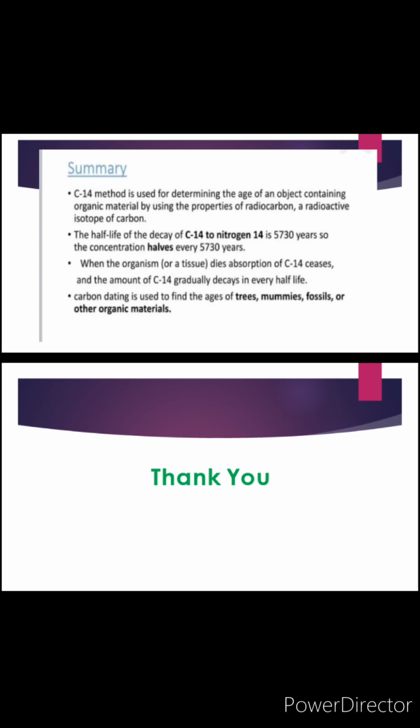Now, at a glance, we explain the methods of carbon dating. The carbon 14 method is used for determining the age of an object containing organic material by using the properties of radiocarbon, a radioactive isotope of carbon. The half-life of the decay of C14 to nitrogen 14 is 5730 years, so the concentration halves every 5730 years.